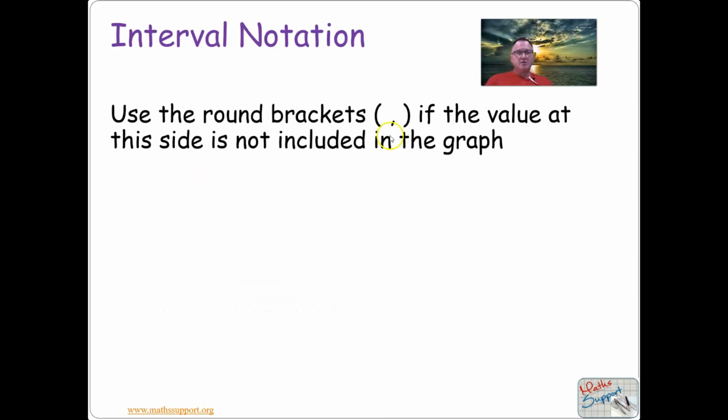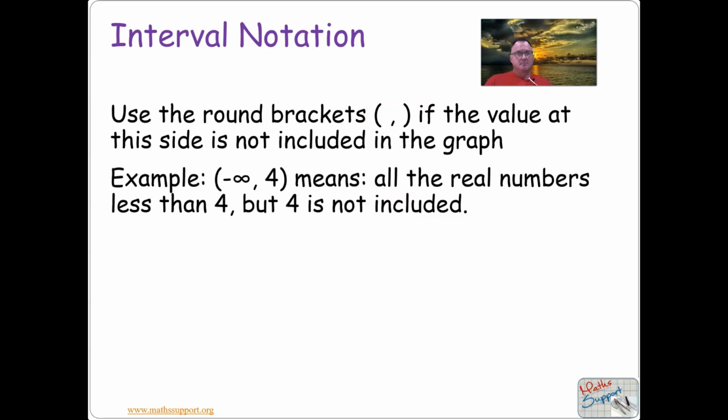When we use parentheses, we do that when the number is not to be included. So if I wrote this right here, this means every single number is in here from negative infinity all the way up to 4, but it doesn't include 4. 4 is not in this interval.